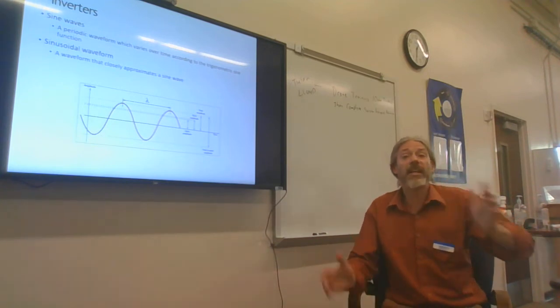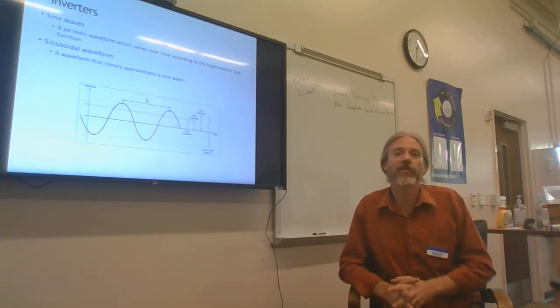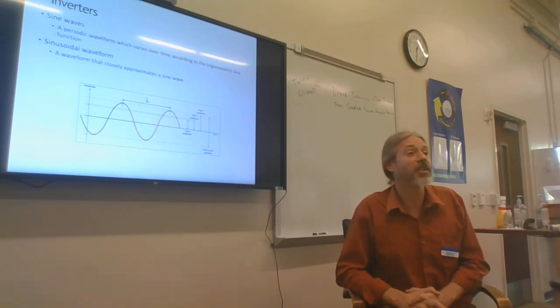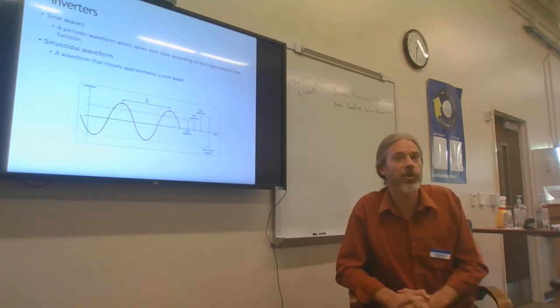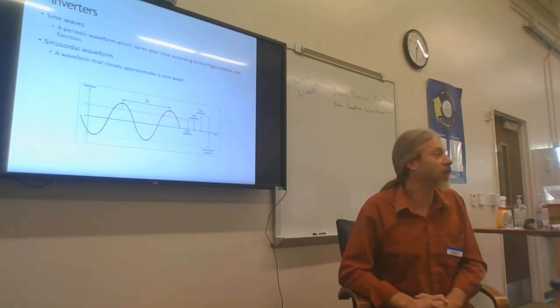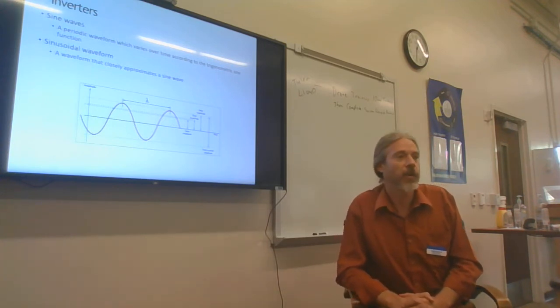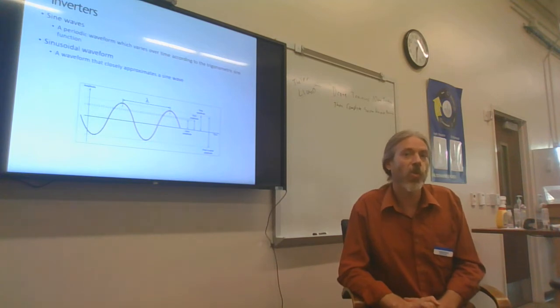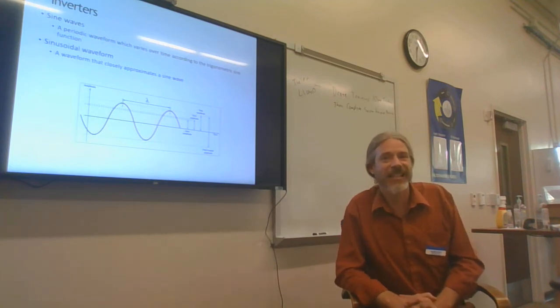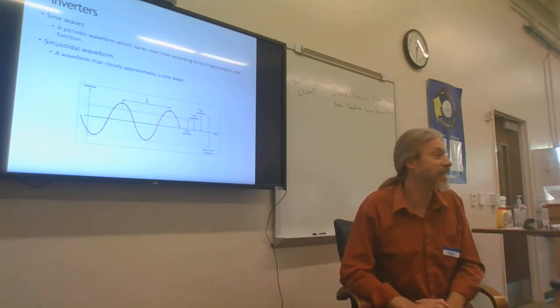Okay. All right. So peak voltage is pretty obvious. This is the highest voltage that it ever achieves. RMS voltage is the equivalent to the work that can get done by a DC voltage source. In other words, if I had a 120 volt DC battery and I hooked it up to this electric motor, and I had AC electricity hooked up to this electric motor, what voltage of AC would put out the same amount of power as 120 volt DC?